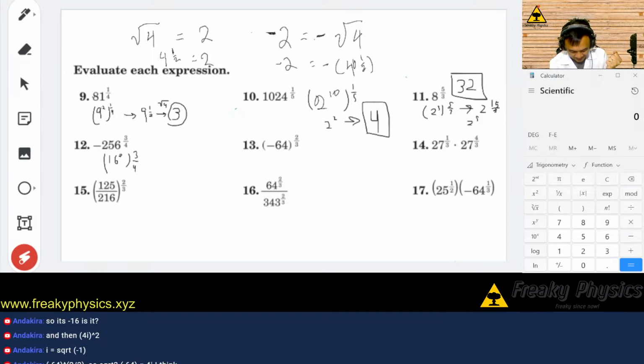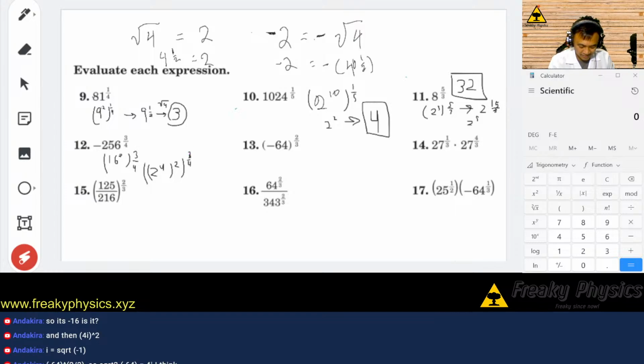That's 2 raised to 4, then raised to this number again, so you're left with squared, right? 2 raised to 4, raised to 2, then raised to 3, 4. Now what do we know with exponents? We can cancel them out if they're like this, right?